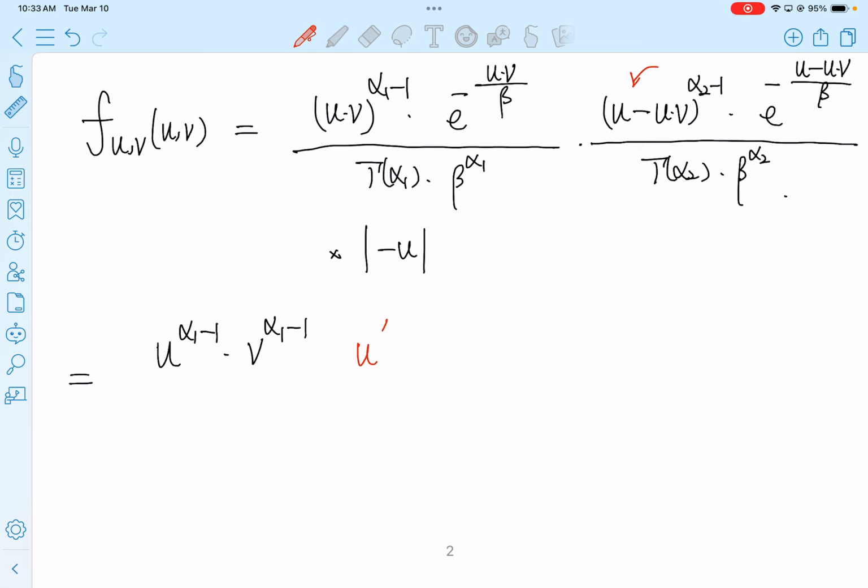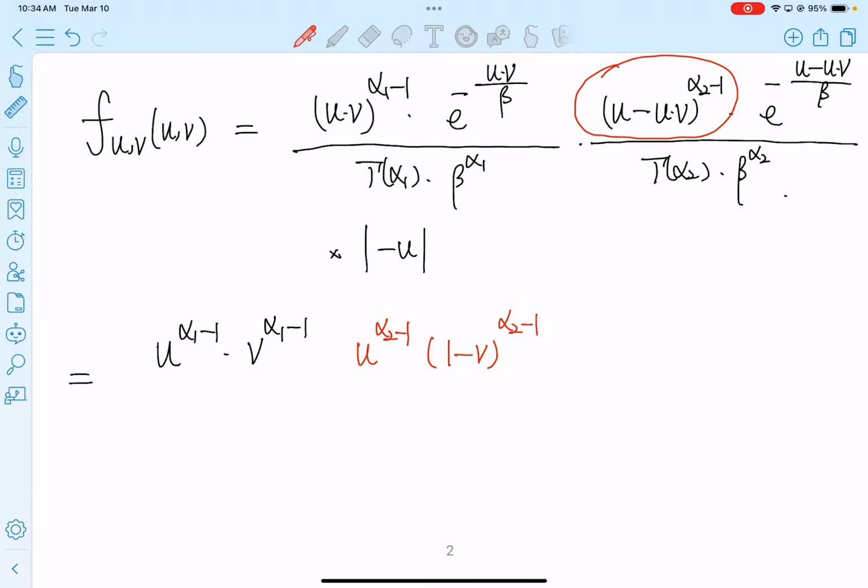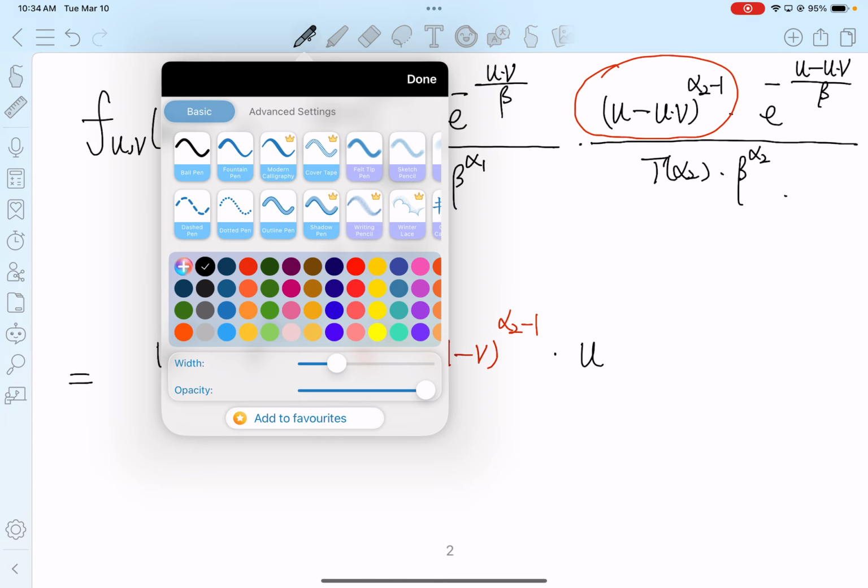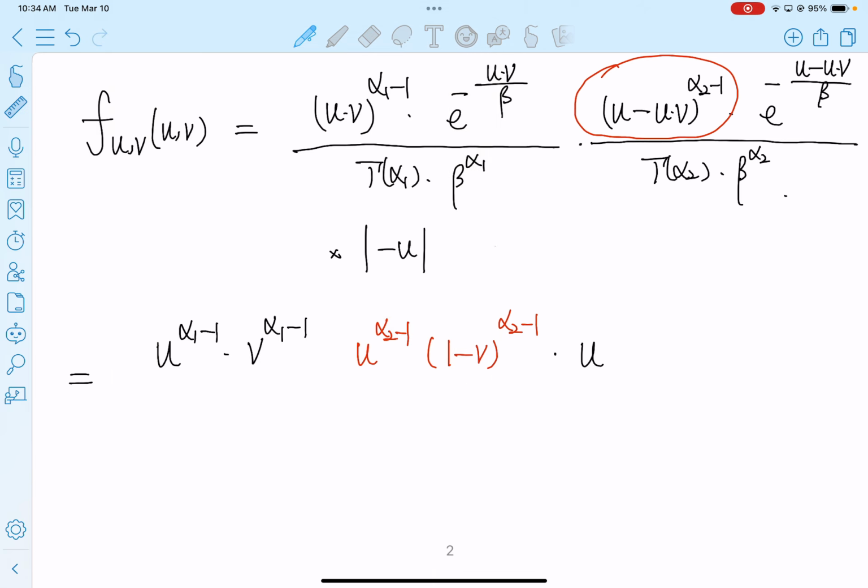So u raised to the power of alpha 2 minus 1, 1 minus a v raised to the power of alpha 2 minus 1. Okay, so that will handle this part. And then don't forget there is an additional u from the Jacobian. So this is coming from the Jacobian matrix here.